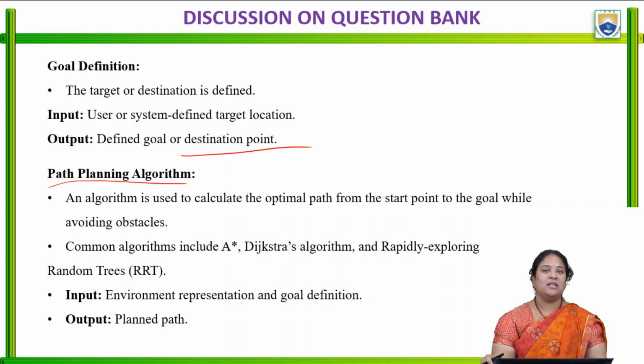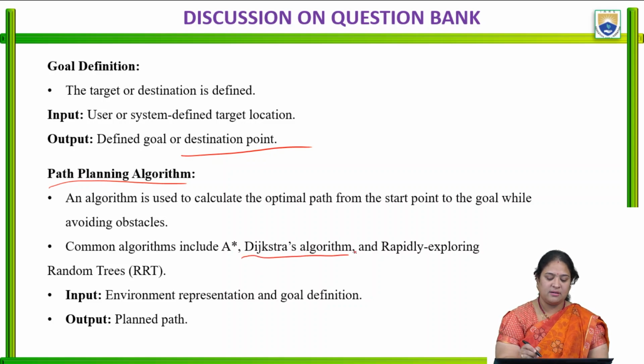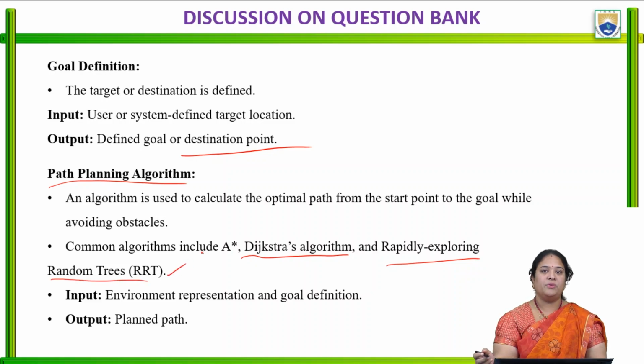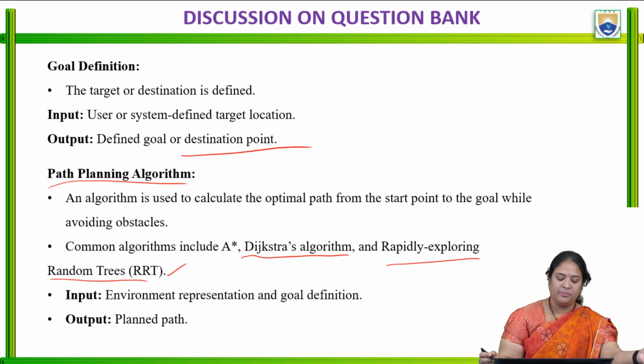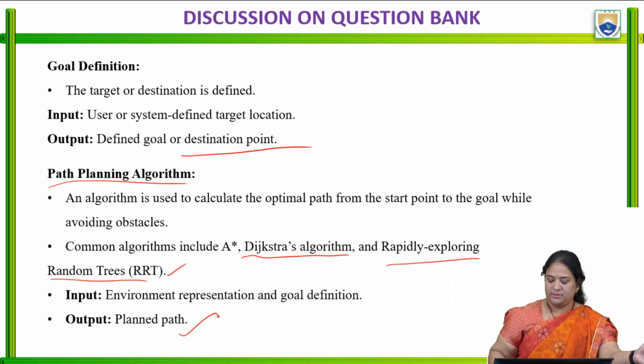Examples are Dijkstra's algorithm and the rapidly exploring random tree (RRT) algorithm. Right? It will include RRT or Dijkstra's algorithm in the programming side. The input will be the environmental representation and the output will be the planned path.